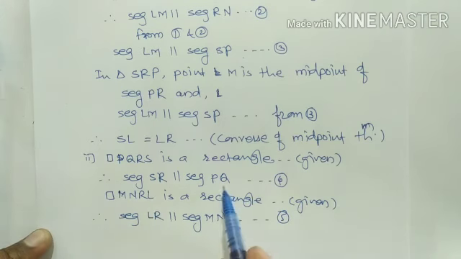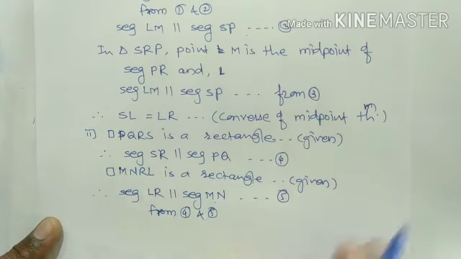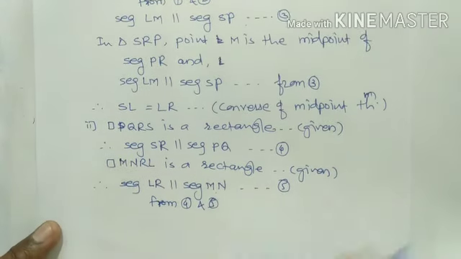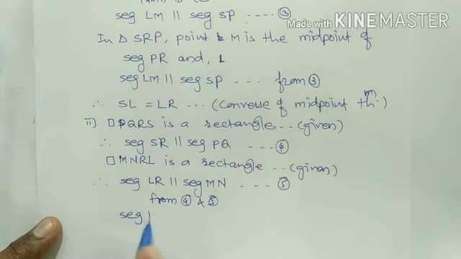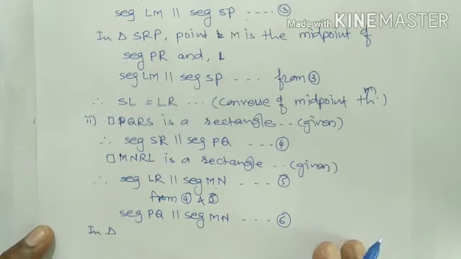That's why this seg PQ parallel seg MN, because these two segments are parallel to the same segment. Therefore, these two segments are parallel to each other. Then from 4 and 5, seg PQ parallel seg MN. Number 6.